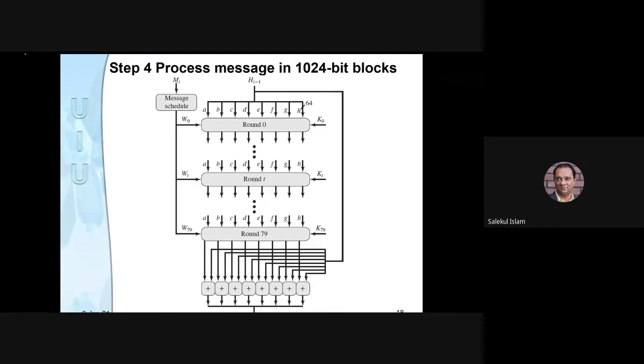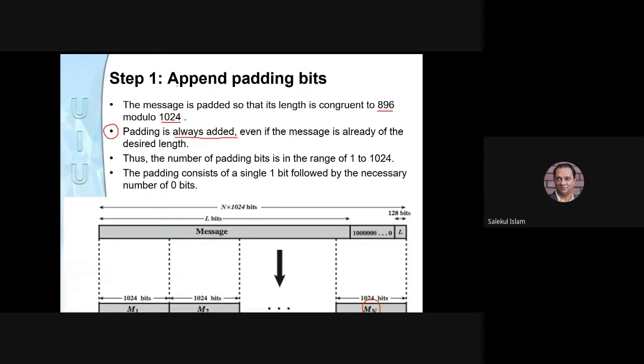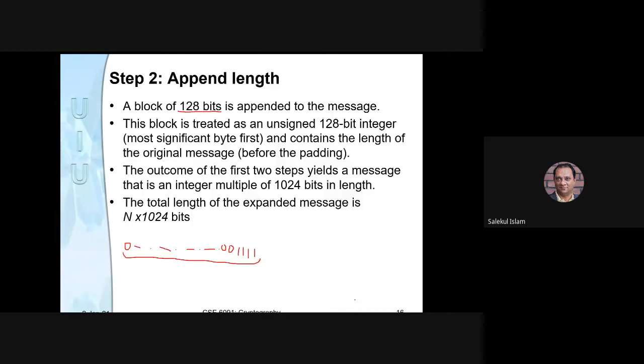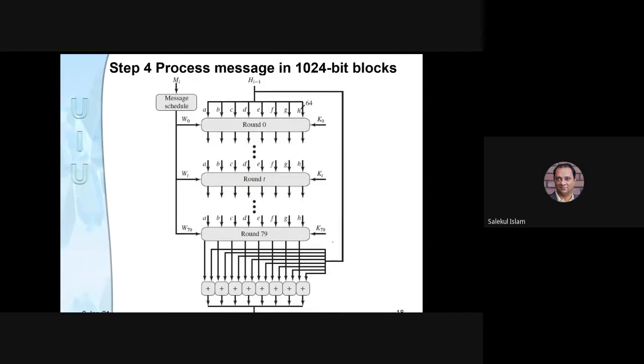Here I have Mi and I have Hi minus 1. What is the length of Mi? 1024. Mi means M1, M2 up to Mn, so i is the suffix here, representing 1 to n. So this Mi is 1024 bits.